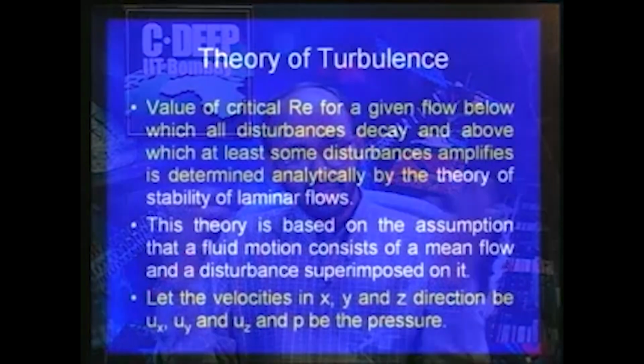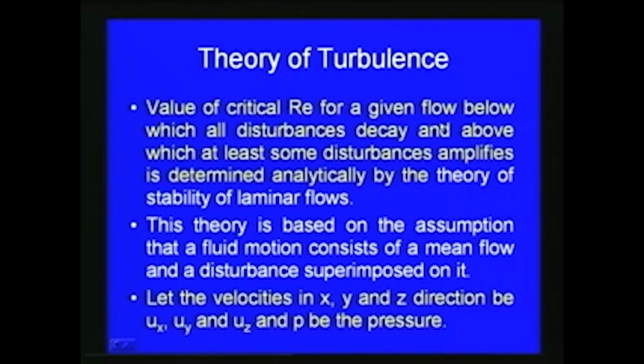As we have seen in the Reynolds experiments, once the flow reaches a critical Reynolds number, transition takes place and laminar flow becomes turbulent. The value of the critical Reynolds number for a given flow, below which all disturbances decay and above which at least some disturbances amplify, is determined analytically by the theory of stability of laminar flows.